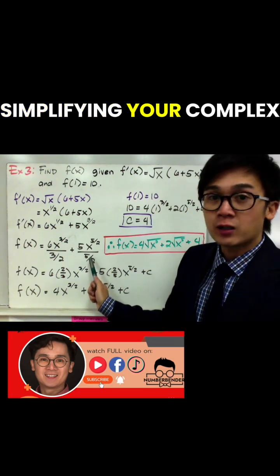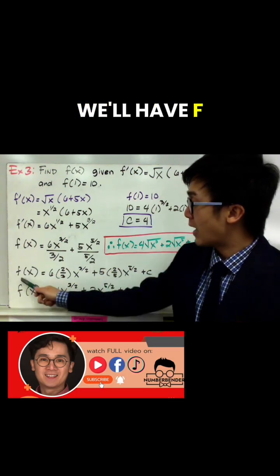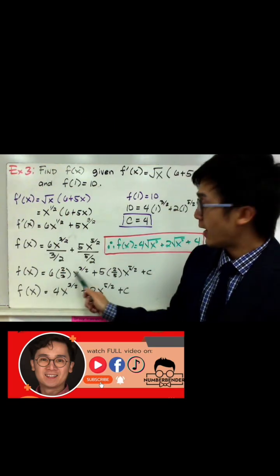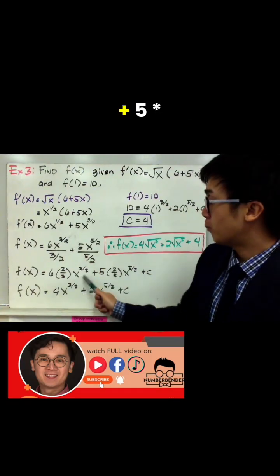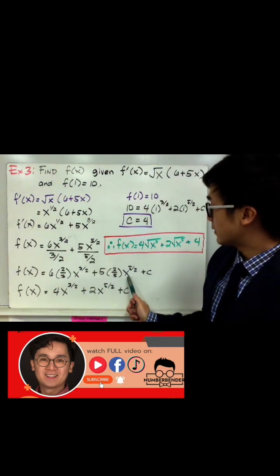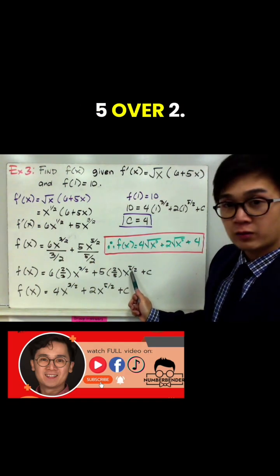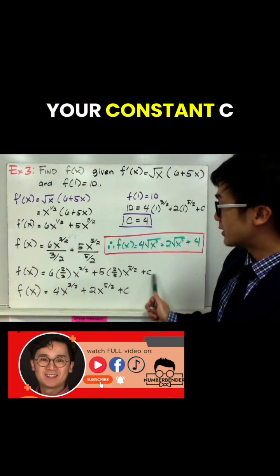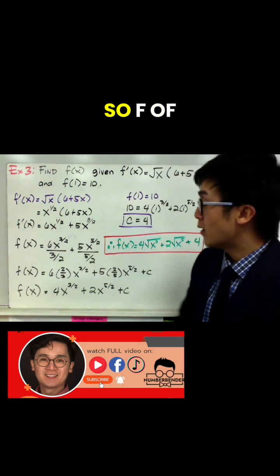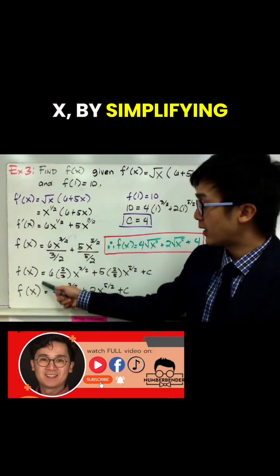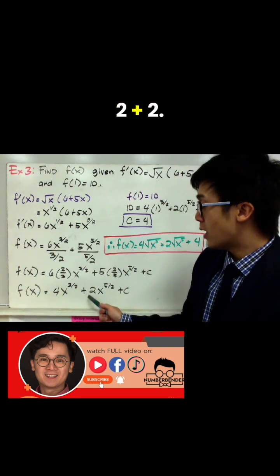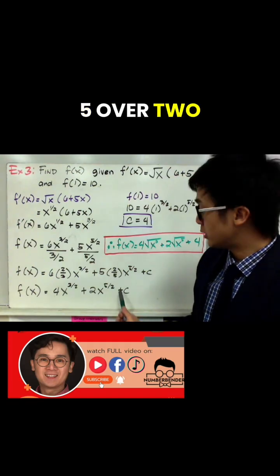Now simplifying your complex fraction, we'll have f of x is equal to 6 times 2/3 x raised to 3 over 2 plus 5 times 2 over 5 x raised to 5 over 2. And don't forget your constant c, because you're finding the antiderivative of your function. So f of x, by simplifying, will give you 4x raised to 3 over 2 plus 2x raised to 5 over 2 plus the constant c.